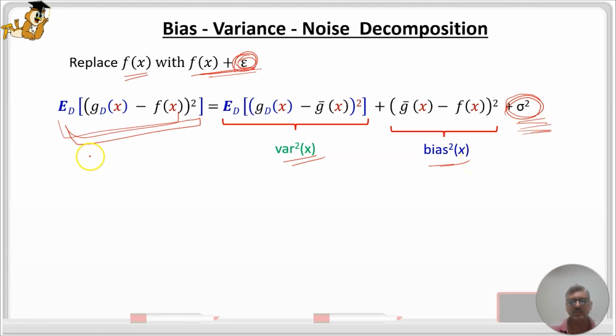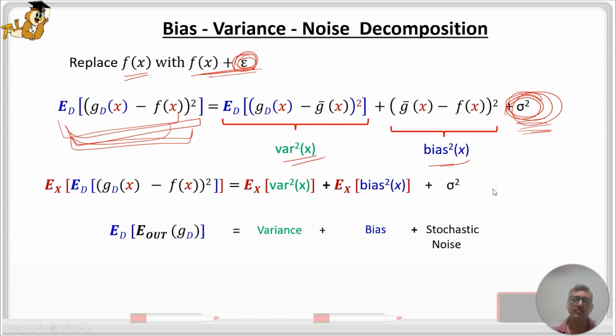And what that means is that your overall Eout, your out of sample error, is going to have this term sitting right in there. Just saying the same thing once again. This is your Eout of GD.